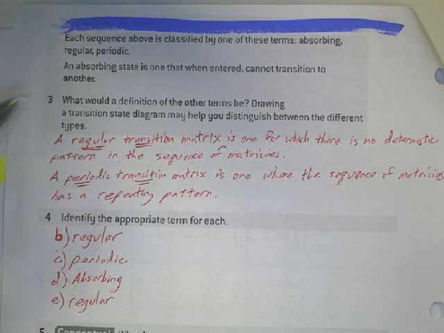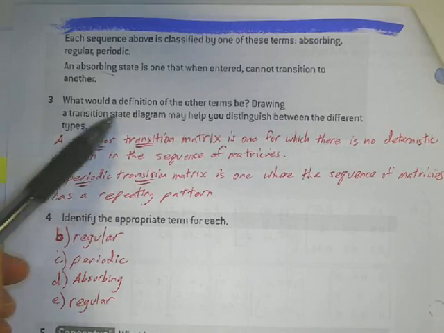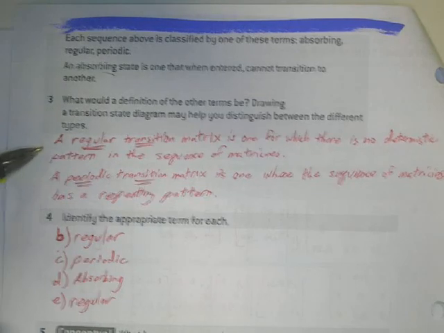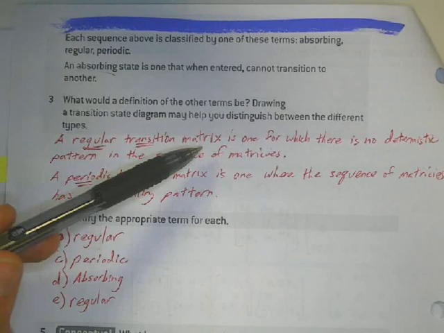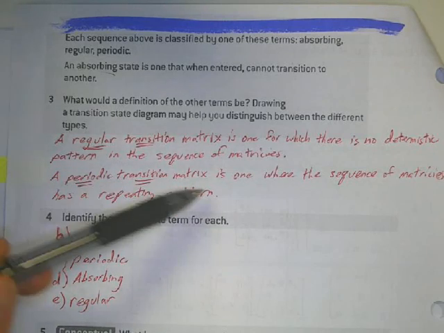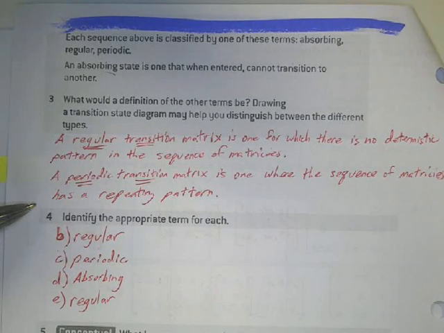You won't see absorbing on a test. So what would a definition of the others be? This is what I got from the textbook. A regular transition matrix is one for which there is no deterministic pattern in the sequence of matrices. And a periodic transition matrix is one where the sequence of matrices has a repeated pattern. Okay.